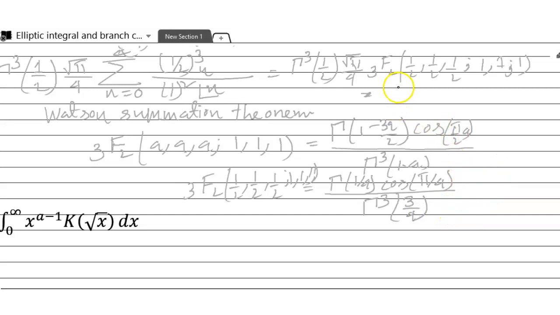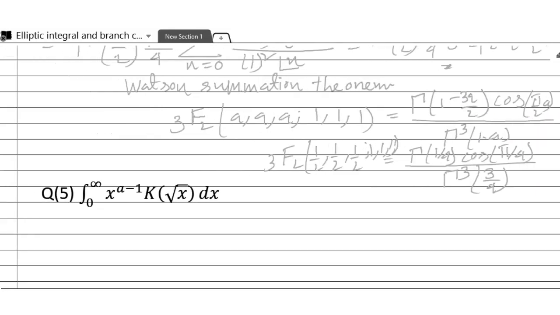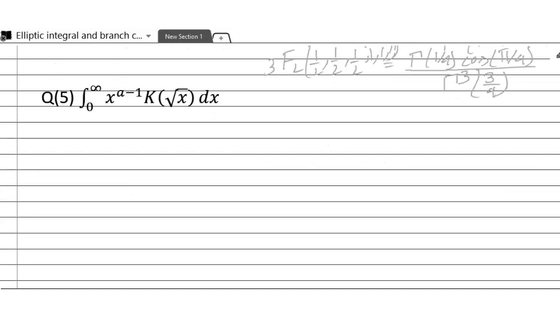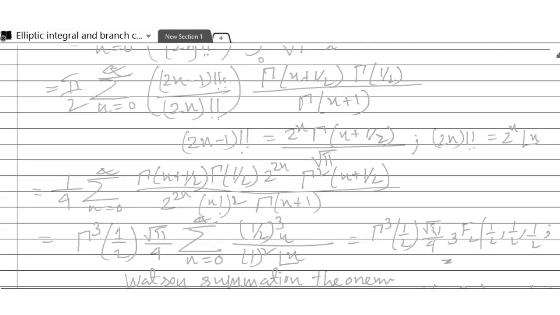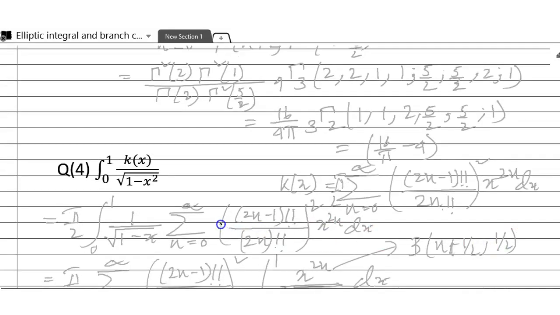Okay, just putting this value in here and get the answer. I hope I can clear total. So friends, my final answer is pi cube divided by 4 gamma cube 3 by 4.